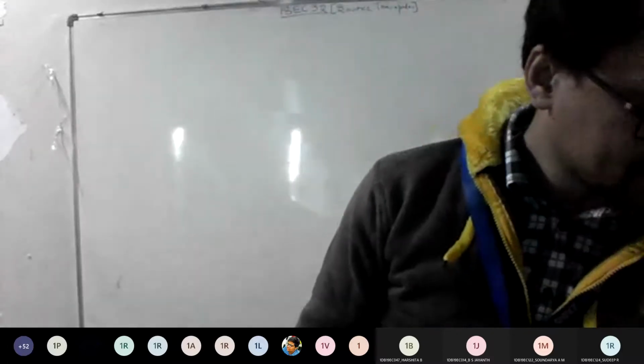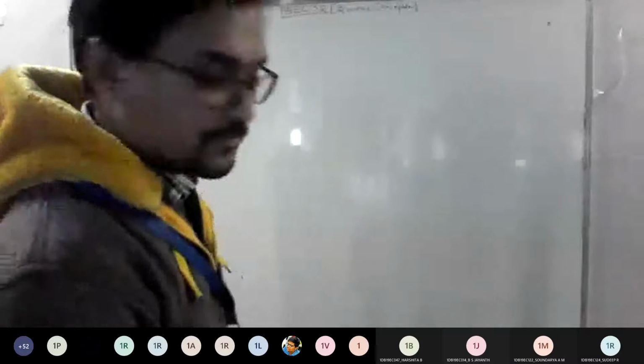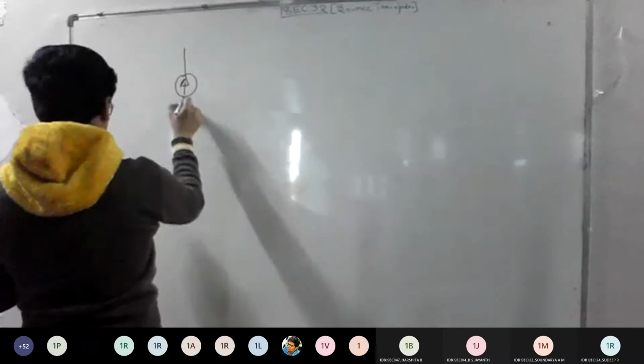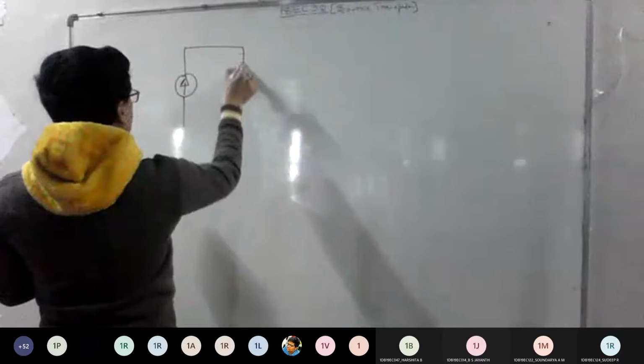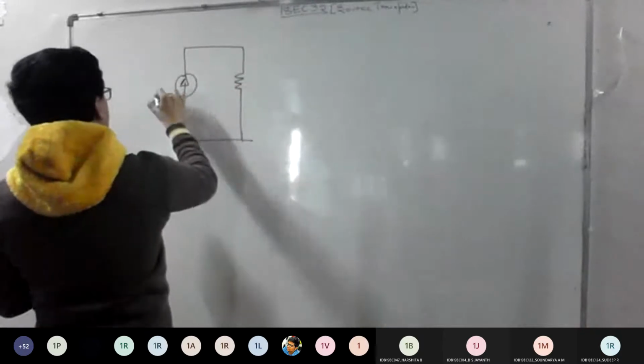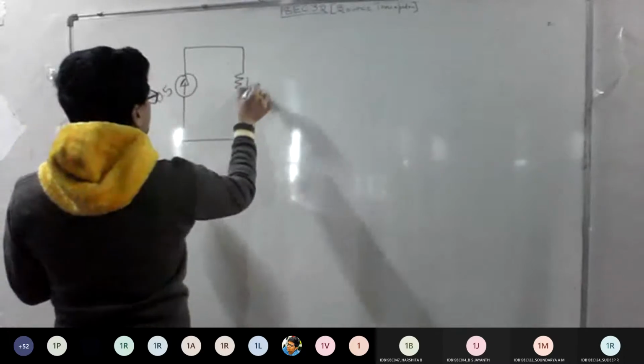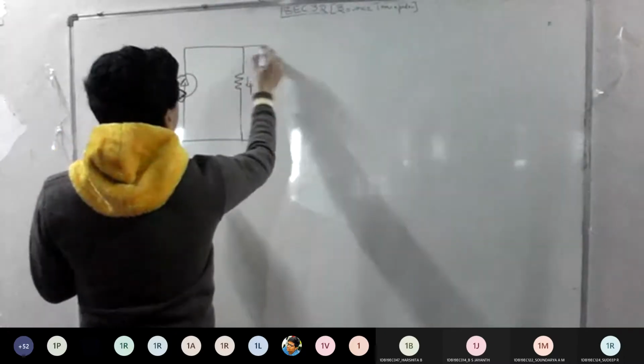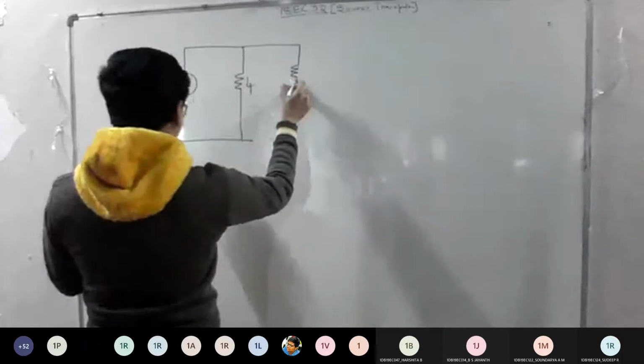Put on the first question. For the network shown below, find the equivalent current source using source transformation technique.